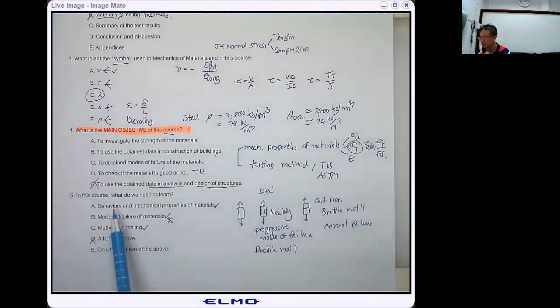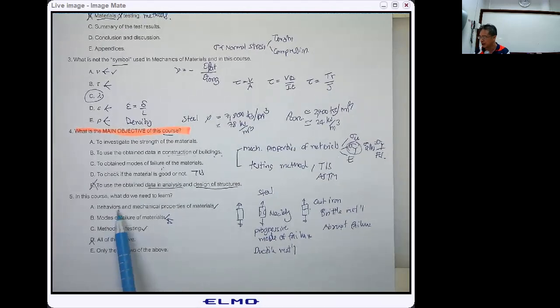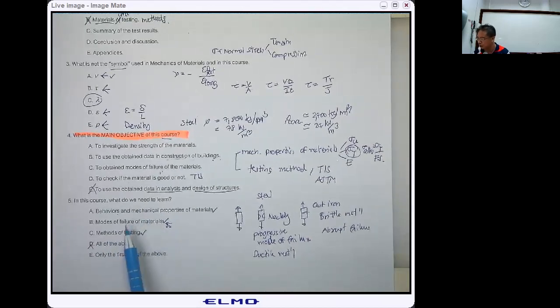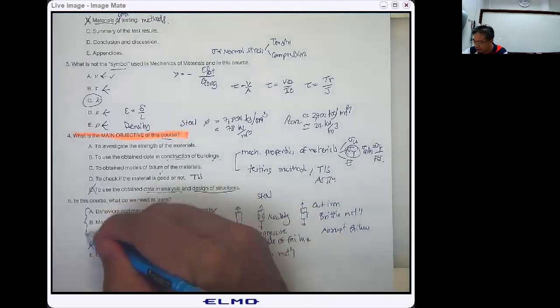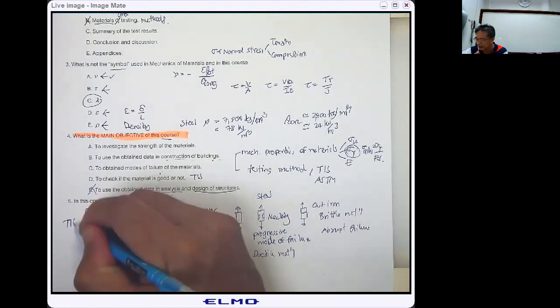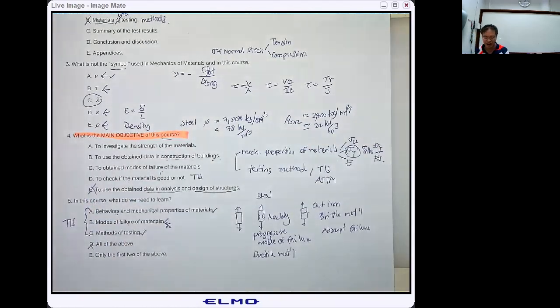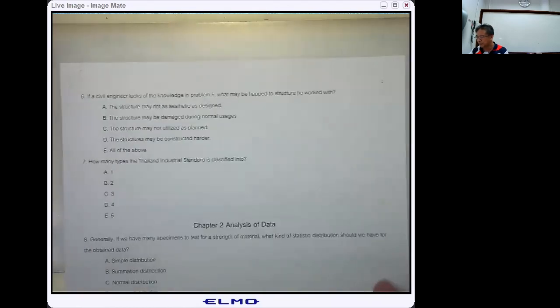We are going to study the behavior, the mechanical property, the mode of failure, and the method of testing. This is going to be specified in what? In the standard, such as in the Thailand Industrial Standard. Okay, and next we come to problem number 6.